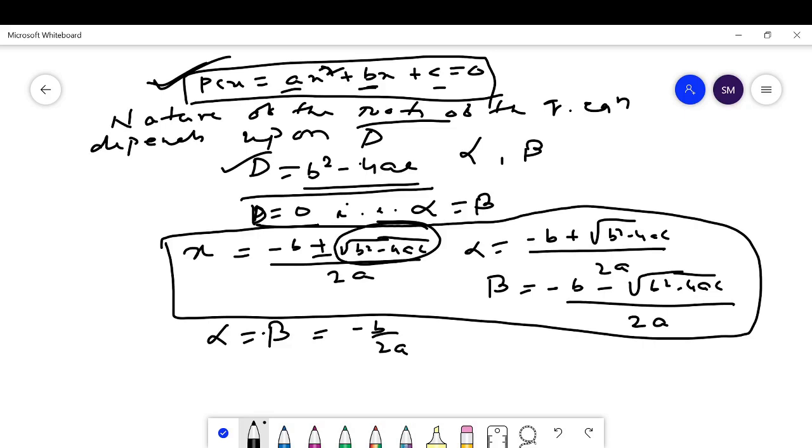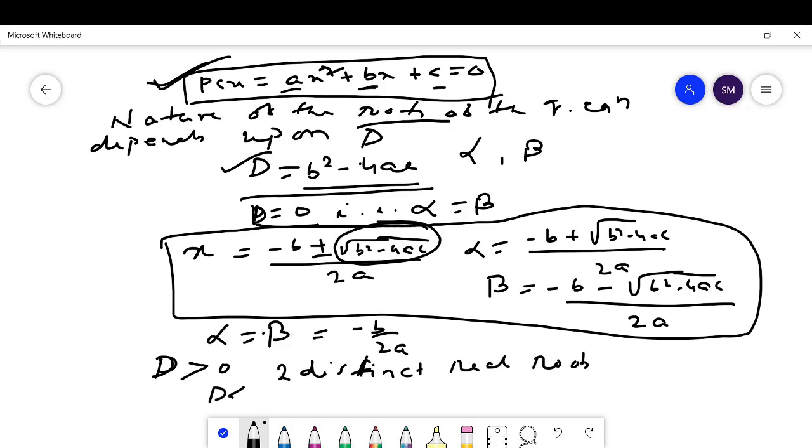Then if D is greater than 0, this means D is a positive number, then we get two distinct real roots.